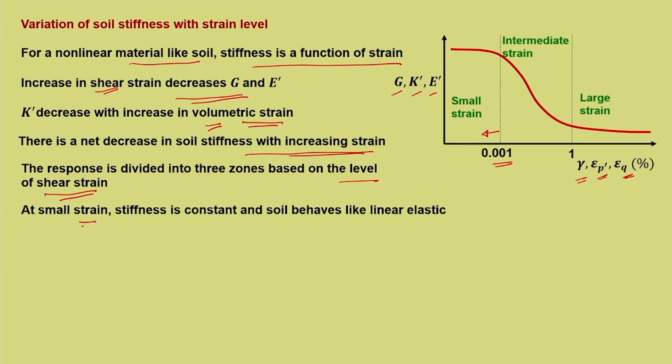At small strain, stiffness is constant and soil behaves like a linear elastic material. Here the response is stiff and there is very little volume change, or whatever amount of strain is happening is quite small, and hence stiffness remains more or less constant.